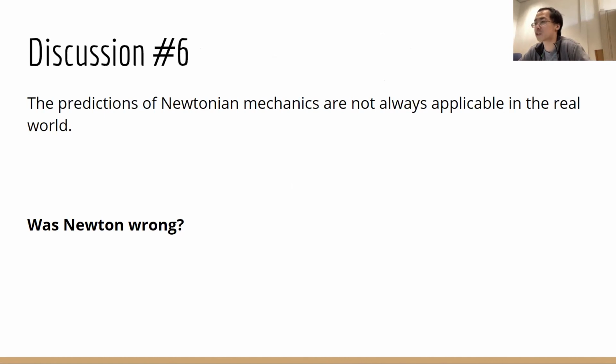But when it comes to extreme things like black holes, or even effects like gravitational lensing, Newton's physics doesn't really describe that correctly, or even with the same paradigm. So I would like you to discuss in this final breakout room session whether or not you think that Newton was wrong.